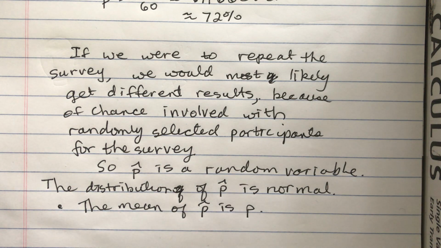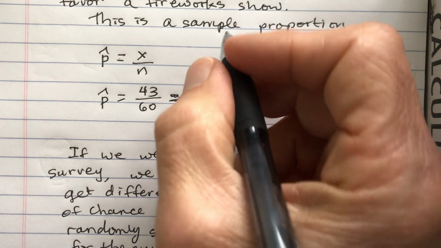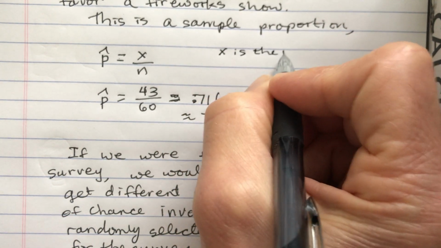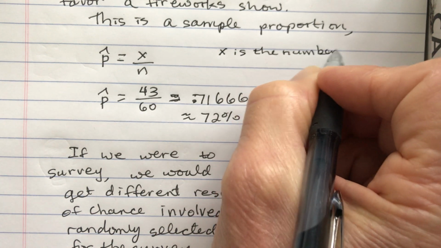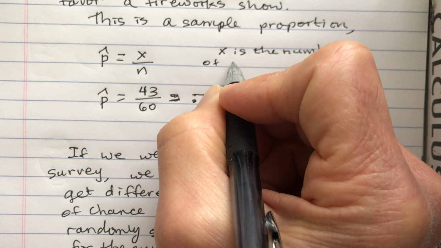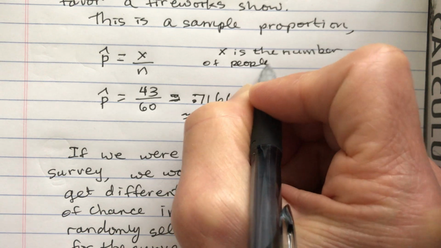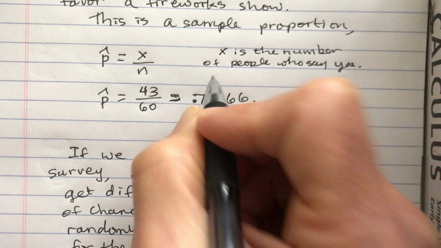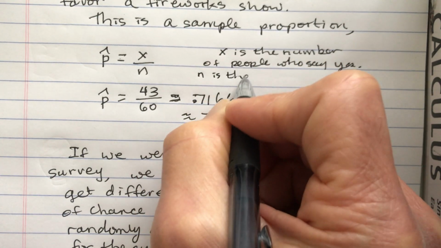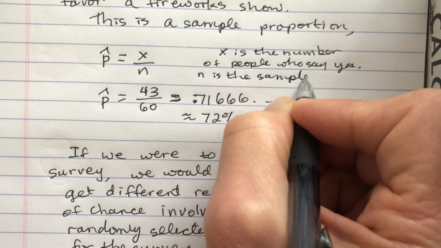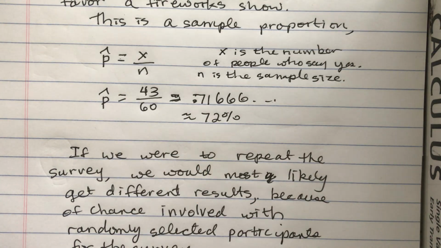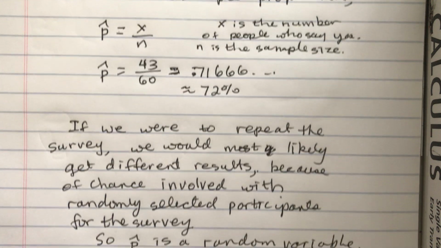By the way, over here, I should write X is the number of people who say yes. N is the sample size. So usually we use little n for the sample size, and often big N for the population size.